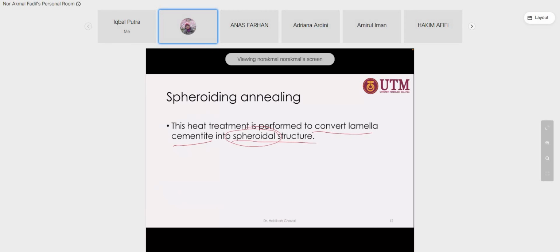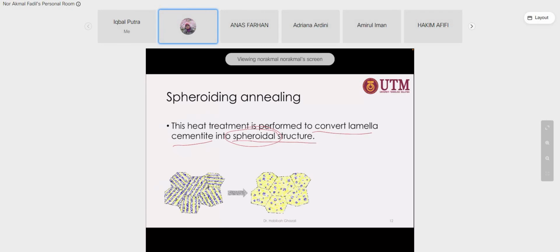Why spheroidizing? Because the lamella inside the pearlite will become a spheroid. For example, like this. This is cementite, the blue line.